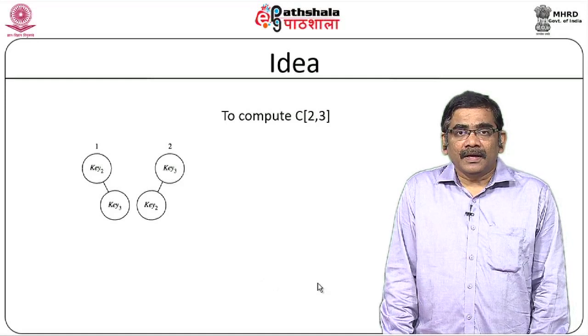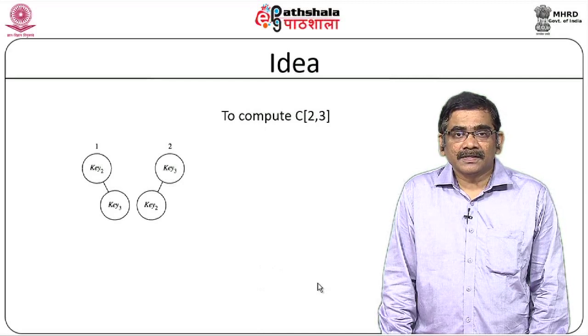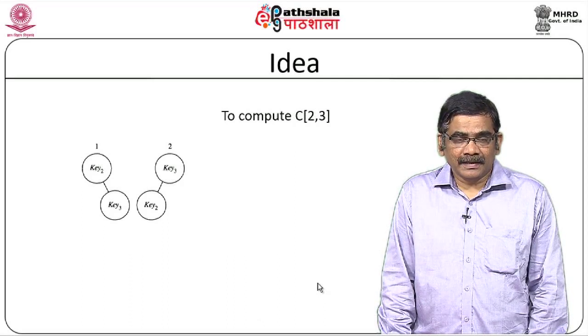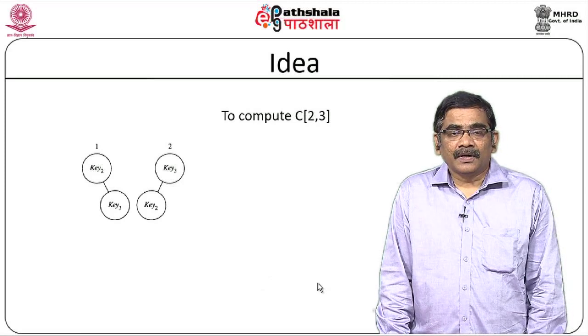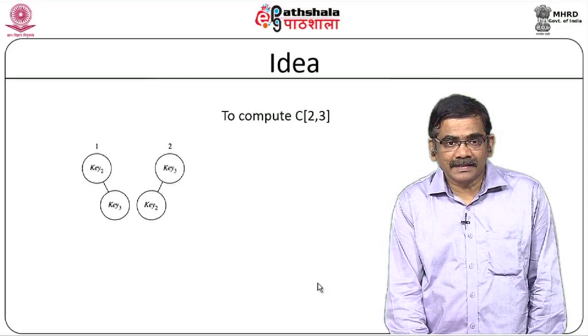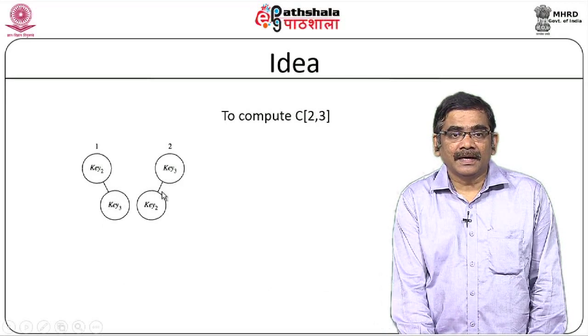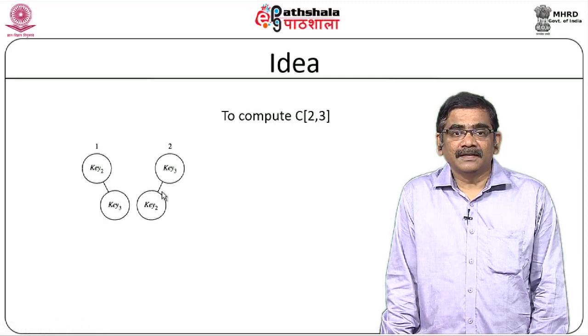Fine. Now, we will take one simple example of how to construct the cost of C of 2 comma 3, where key 2 as well as key 3 is given. Probably now you can recollect that there are only two keys, key 2 and key 3. So, what are the possibilities? Two possibilities are there: on the left hand side you have one possibility and on the right hand side you have another possibility, sticking to the norms of the binary search tree.